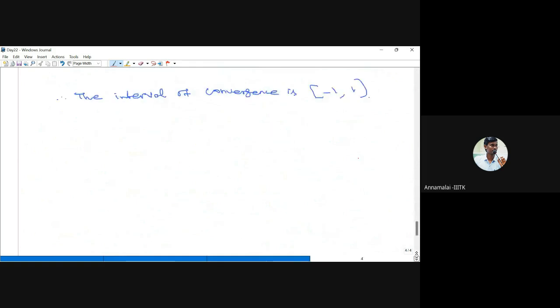When we say a series is absolutely convergent, we take the modulus of the terms: if the summation of modulus of an converges, then we say the summation of an is absolutely convergent.